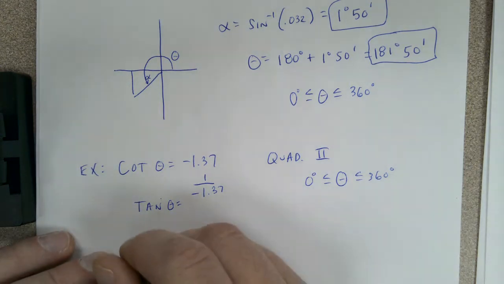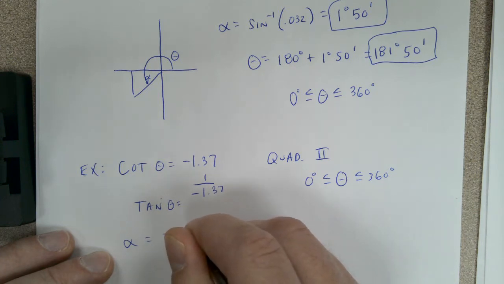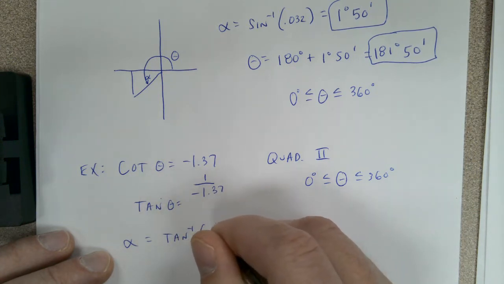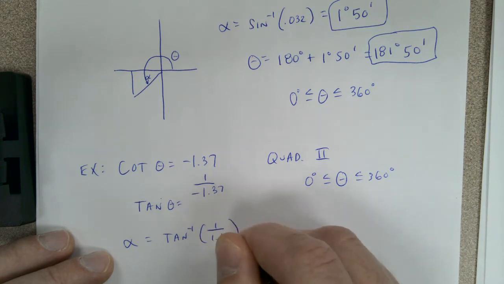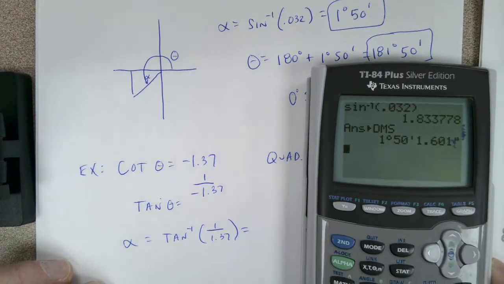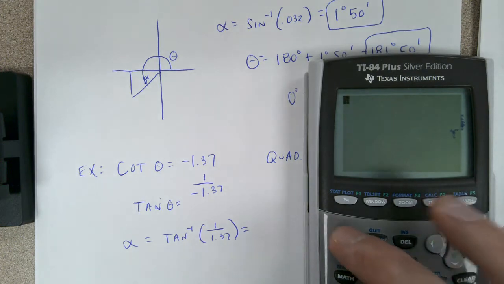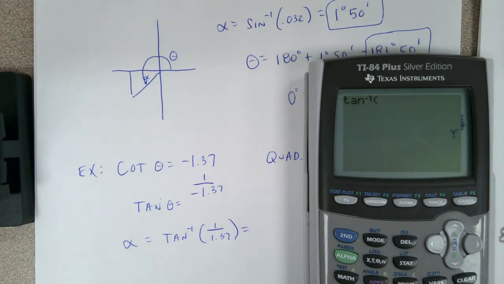So when I'm finding alpha, I'm going to do the inverse tangent of 1 over 1.37. Again, if I go to my calculator here, I'm going to type that in. Let me clear this out. So we're going to do the inverse tangent of, I'm going to put the fraction in there, 1 over 1.37, and hit enter.